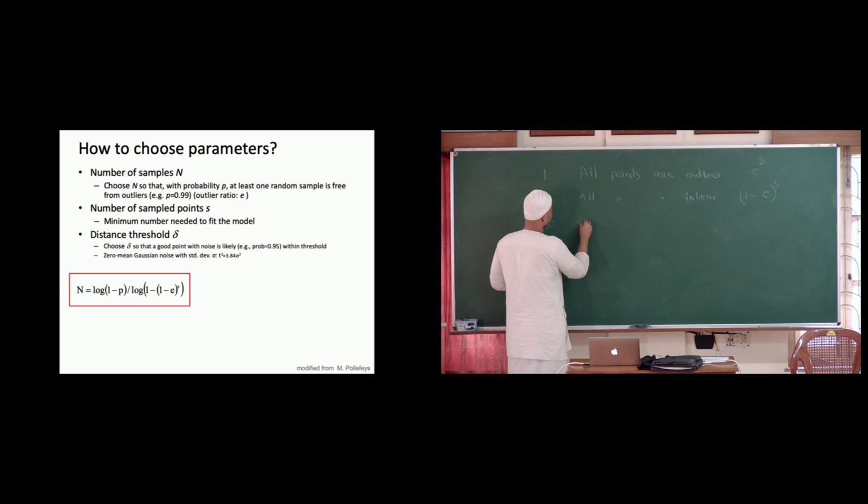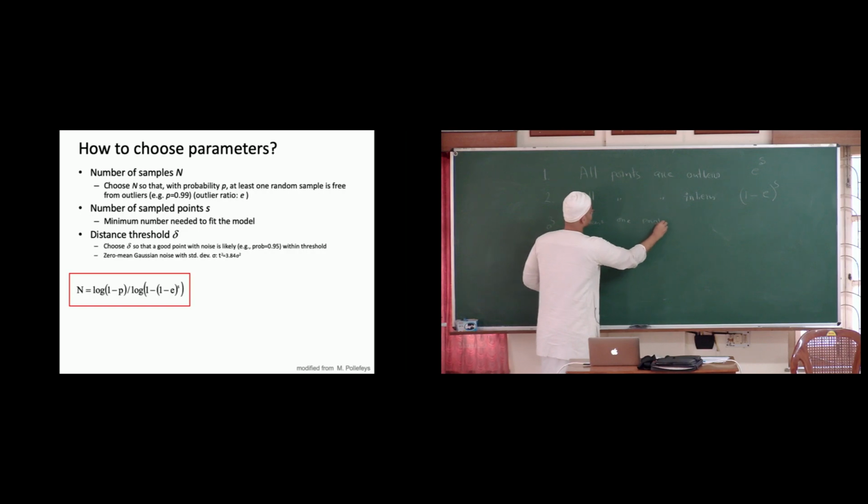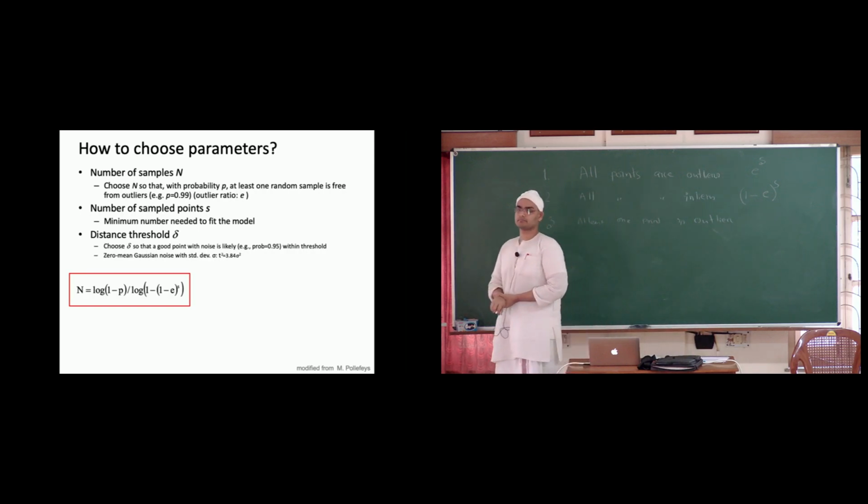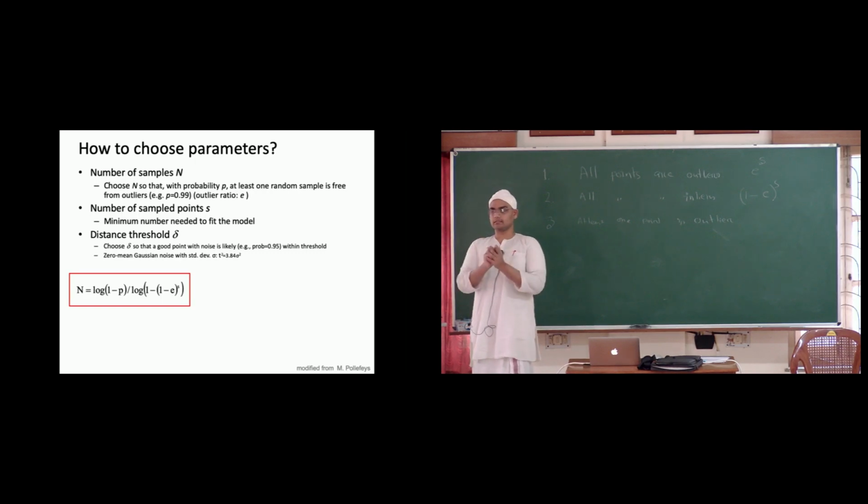You can think about the case that at least one point is an outlier. Like the line fitting we are doing with the least square error, there one point was bad and that made my whole fitting bad. What is the probability of that?